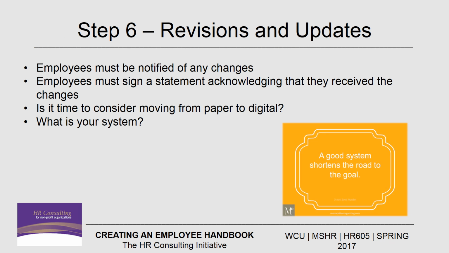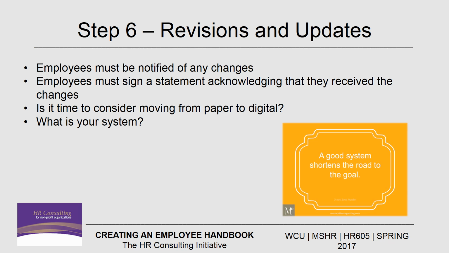Now that you have your handbook assembled, you must consider how you will share with your employees information about any updates and revisions. Employees must be notified of any changes you make to the handbook, and you must get from them a statement acknowledging that they received the changes. If the paper process seems to be too cumbersome, it may be time to consider moving from paper to a digital version of your employee handbook.